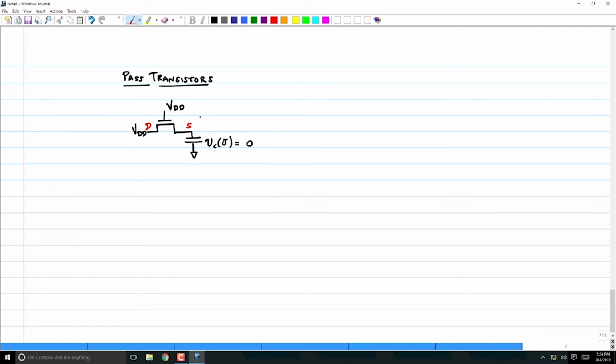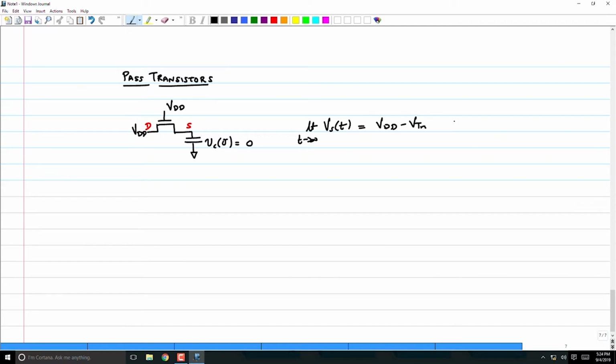It will charge up to VDD minus VT, okay? So, Vs of t, maybe I should write it here, limit t tends to infinity, Vs of t is VDD minus VT, okay?